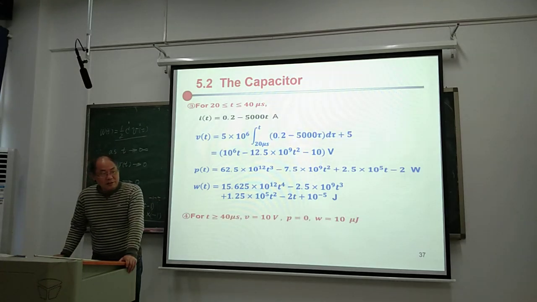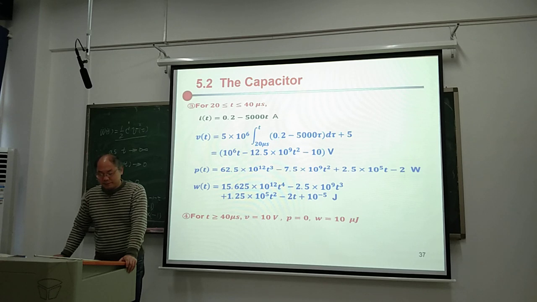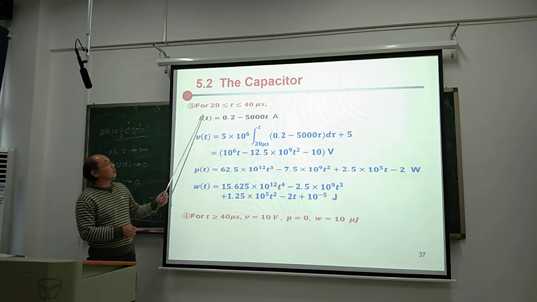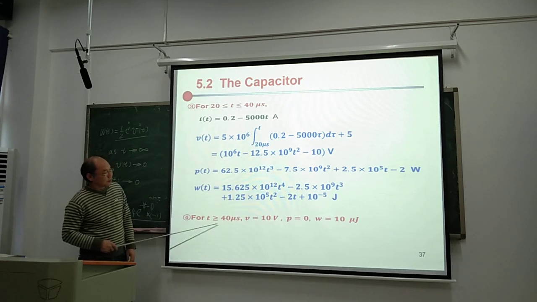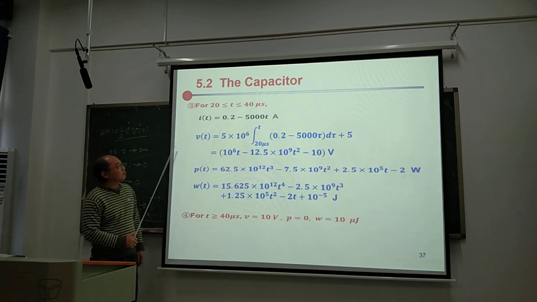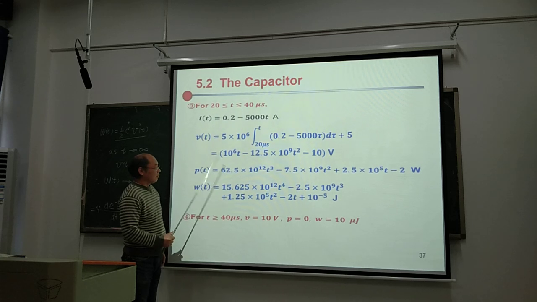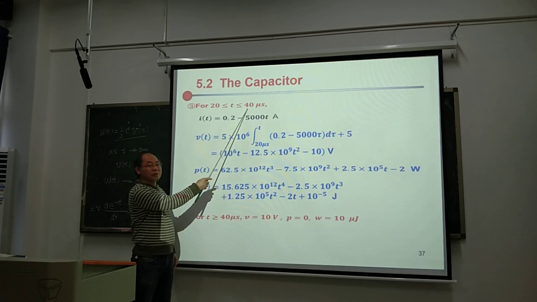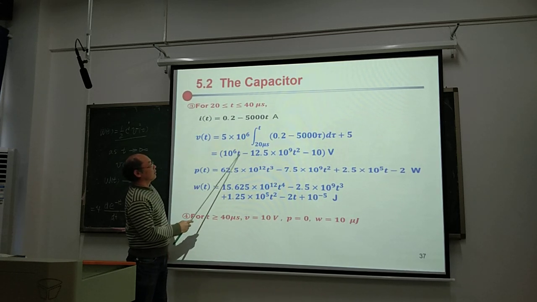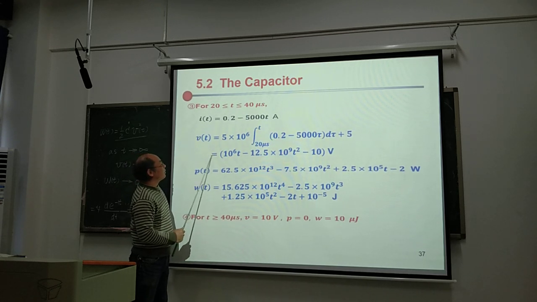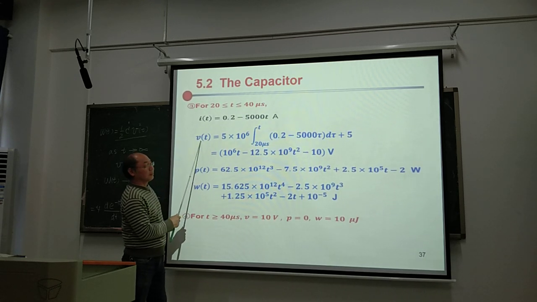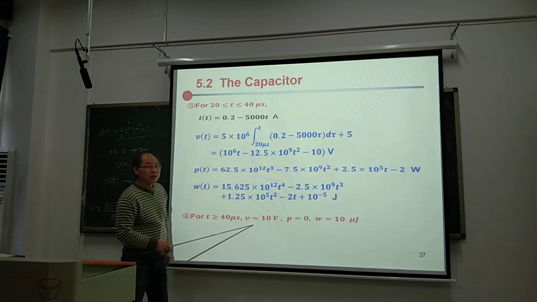And for the first part, the first part is this. And so this, we mean t equals 40 μs, and so we get v equals this.